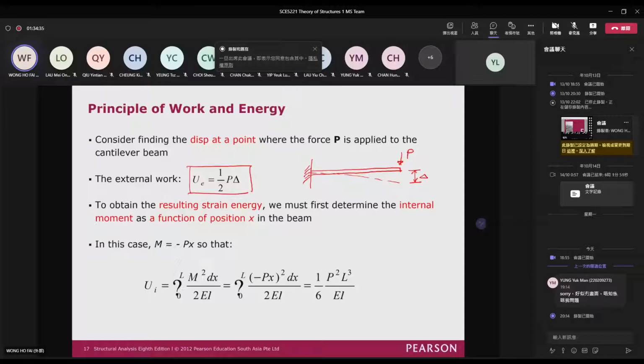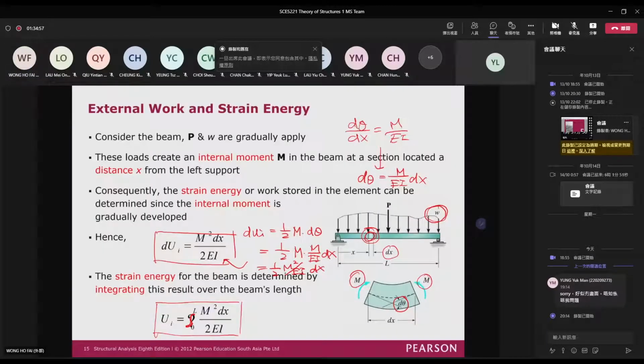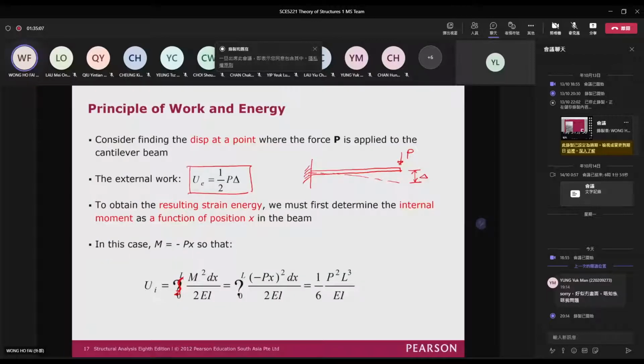And then within the beam, there will be the moment. And each moment will have work done on our beam, and it's the strain energy stored inside the beam. If you still remember, we will use this equation, integral of M squared over 2 EI, which we just derived. This is the strain energy inside the beam. Integral of M squared dx over 2 EI. This symbol again is just integration.